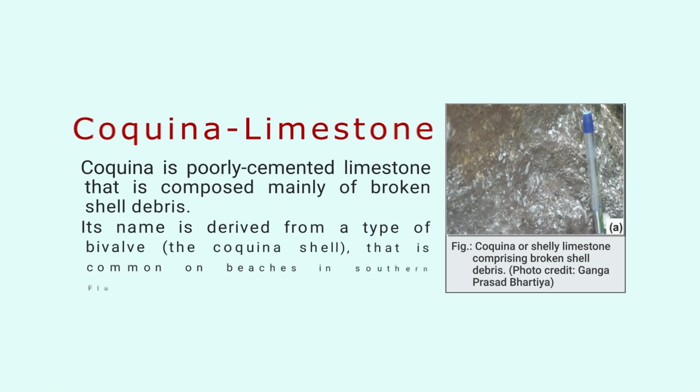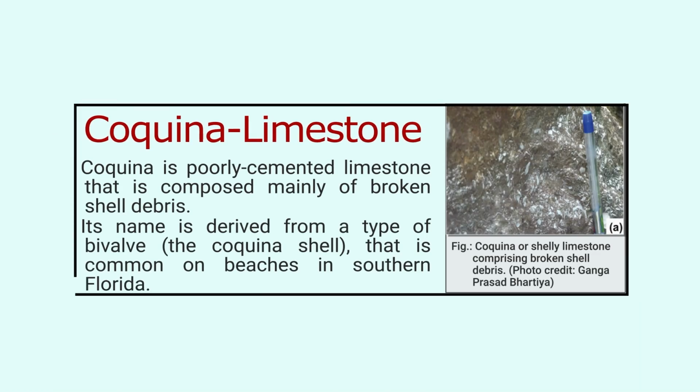So, another limestone is coquina. Coquina is a poorly cemented limestone that is composed mainly of broken shells. Here you can see in this figure the shelly limestones that comprise broken shell debris.